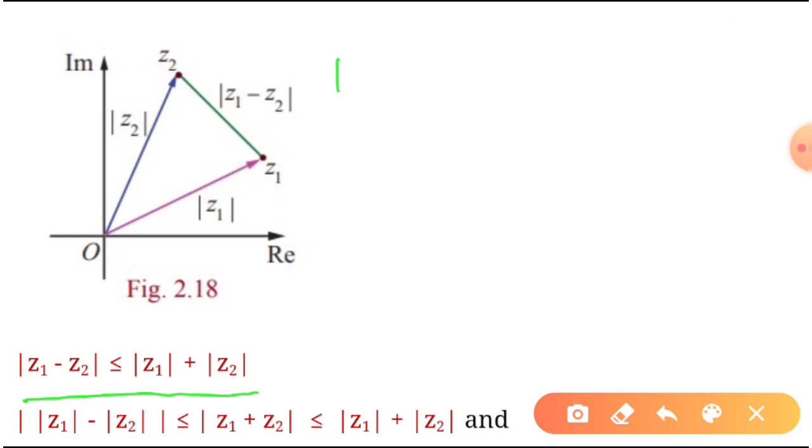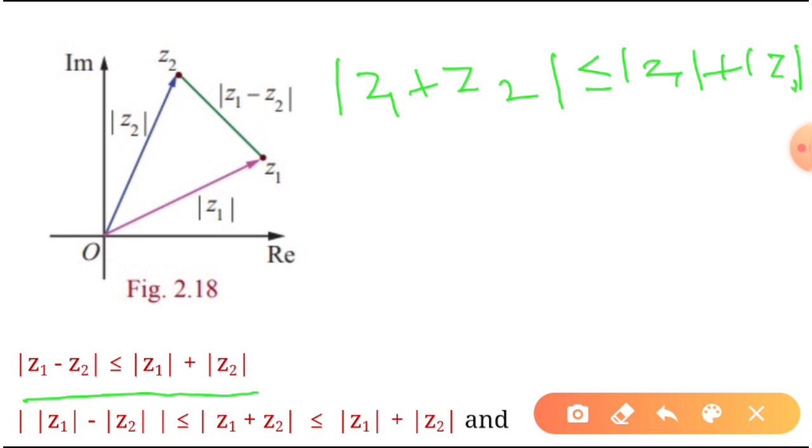How? Modulus of z1 plus z2 is less or equal to modulus of z1 plus modulus of z2. We know that, right? Okay.